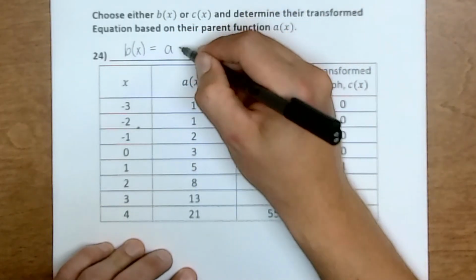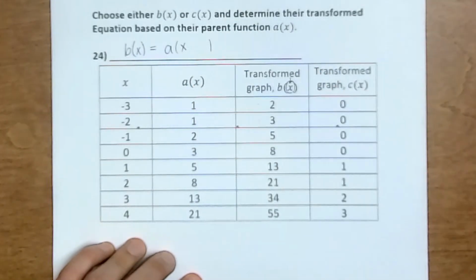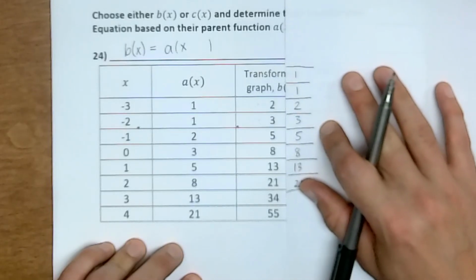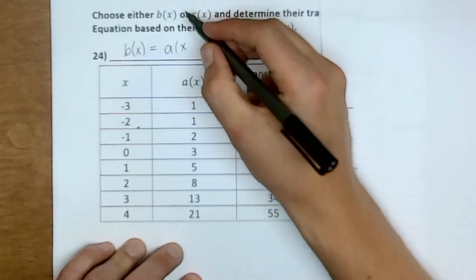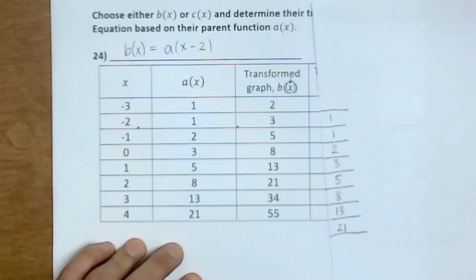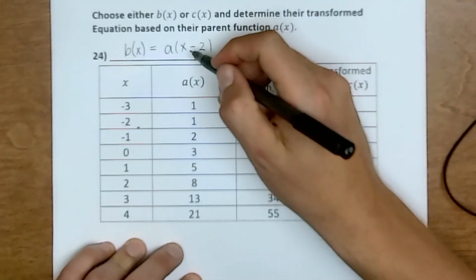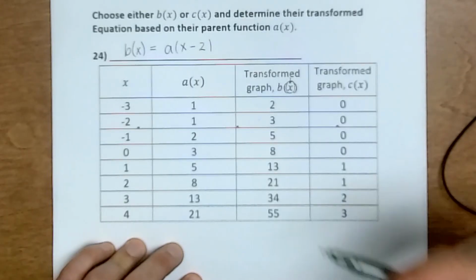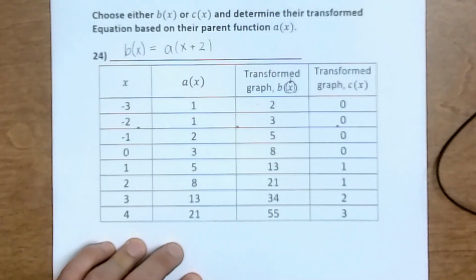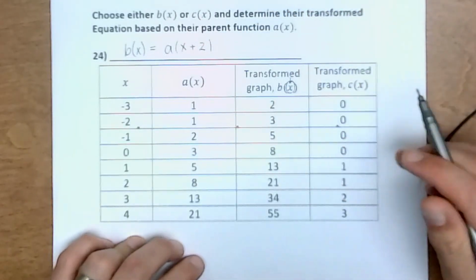The parent's name here is a of x. Notice how I left some space in here, because it's not the normal parent, it's the parent shifted 2 rows off. How do we do that? Well, -2 is pretty close, except that as a direction, -2 is to the right. So this needs to be a +2 because we're shifting it to the left. We're shifting it 2 earlier in its progression.